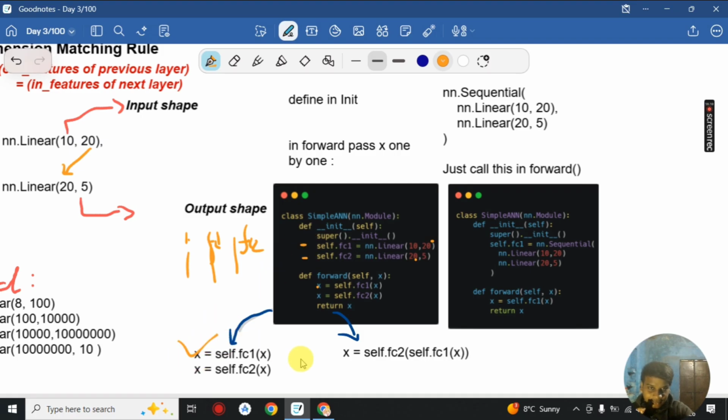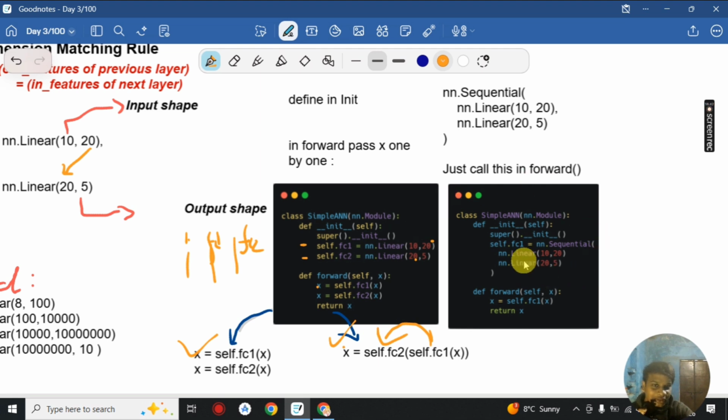Okay, the first option. Second option, we could directly initialize x here. First we pass x to the first linear layer, then we pass it to the second linear layer, and we could get the value directly. Okay, this is also an option.